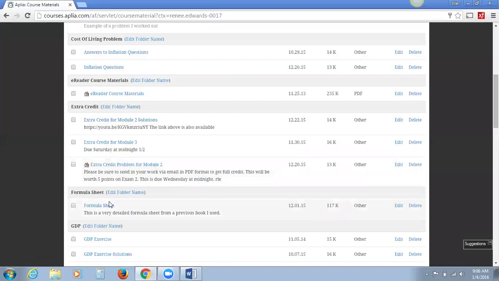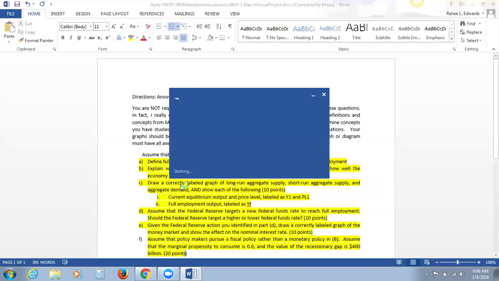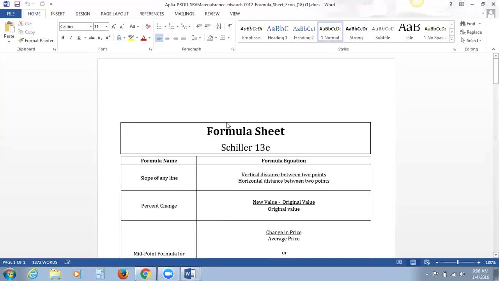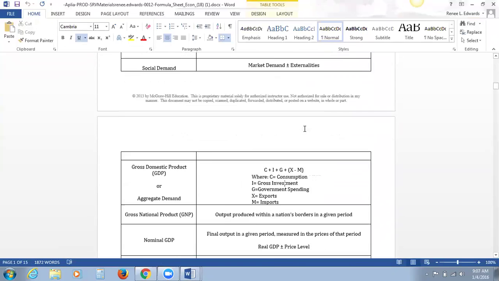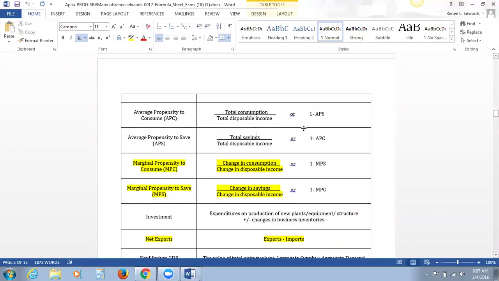All right, when you are in here, very detailed formula sheet. And this is a formula sheet that I have from a different book, all right? However, I like the formula sheet because all the formulas are on one page. Not all of these formulas necessarily apply. But if you come through here, what I have highlighted are the ones that apply to this chapter.